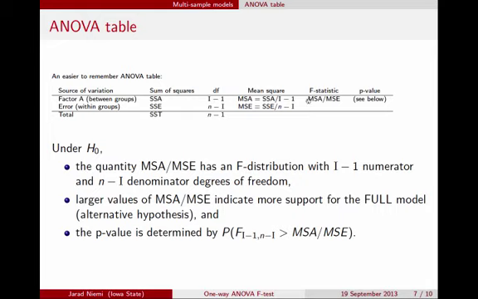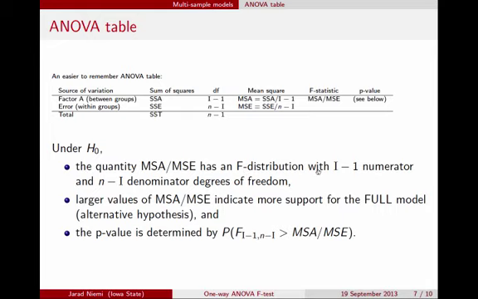The F statistic, or the test statistic I should say, that we're actually going to use to determine the p-value for this test is the ratio of the mean square for factor A divided by mean square error. It turns out that that ratio, if the null hypothesis is true, has an F distribution.